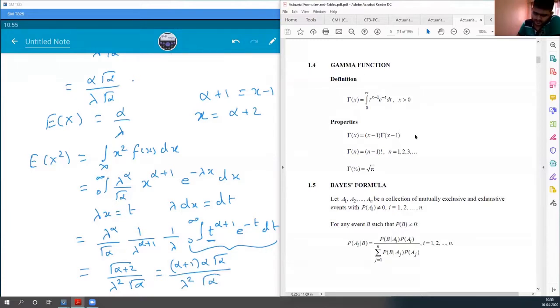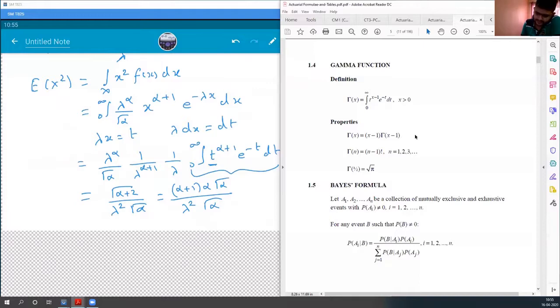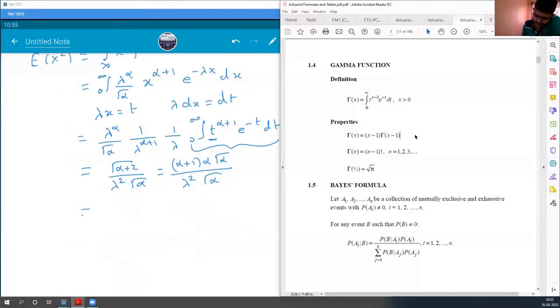Same as factorials, we have converted into this, and finally we are getting alpha square plus alpha by lambda square.